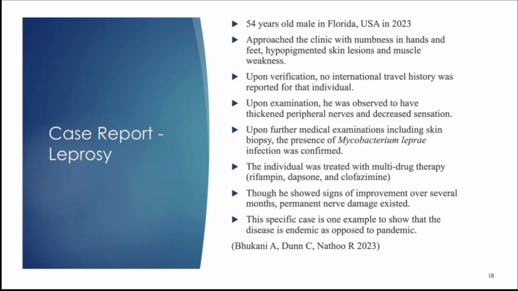Upon physical examination, with a skin biopsy they were able to find the presence of Mycobacterium leprae, which was positive given the signs he was showing. And he was given a few drugs: rifampin, dapsone, and clofazimine. The disease was cured for him, but he still had some permanent nerve damage because of this disease. So that's one case report found in USA.